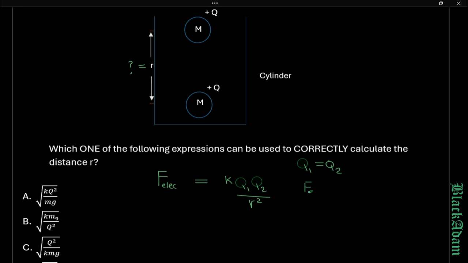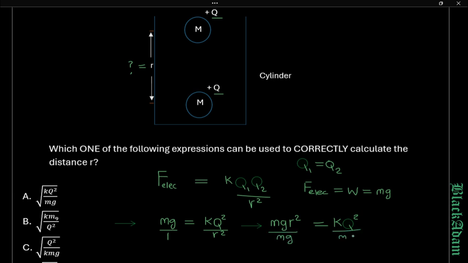We also know that the net force is the weight of the charge, which is mg. So mg is equal to k, and then we have two of them, so q times q is q squared, over r squared. So we just solve for r, cross multiply there, so that means we have r squared mg is equal to kq squared, and then divide by mg on both sides.